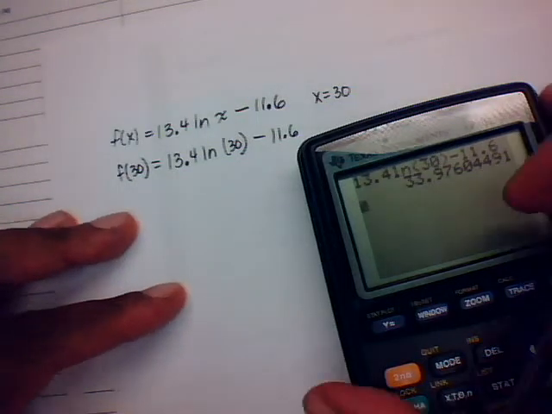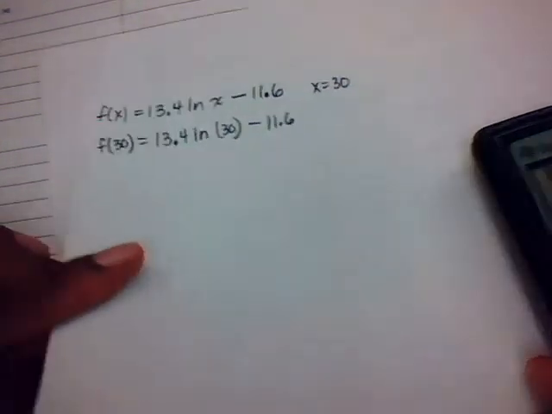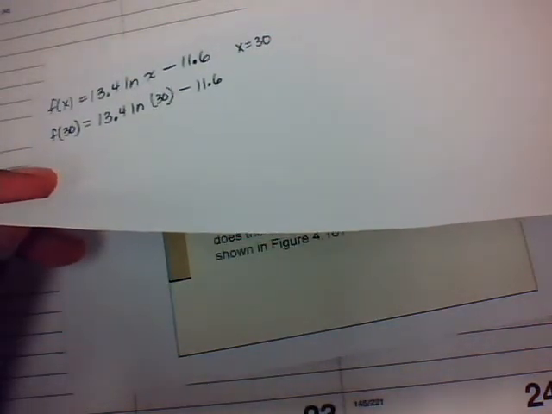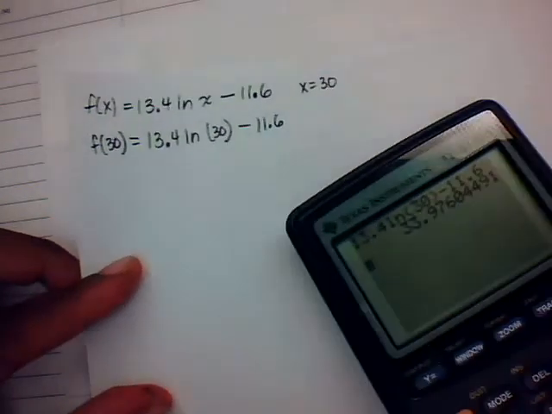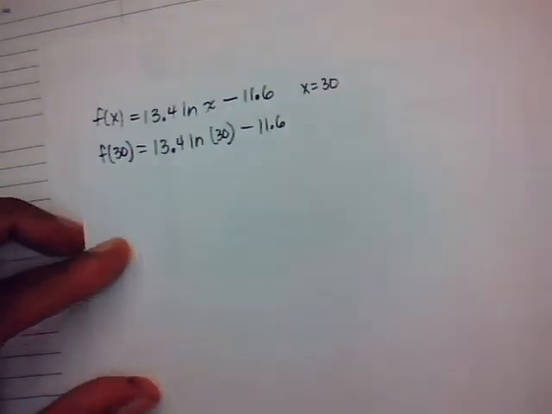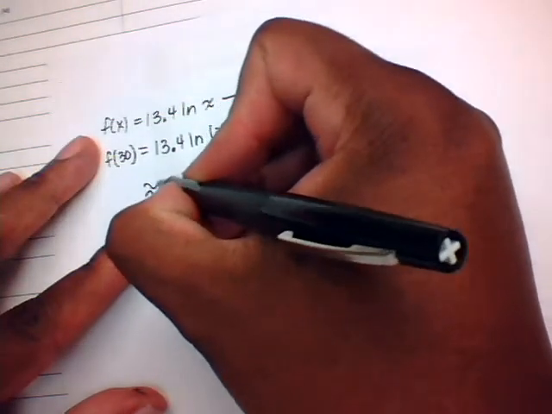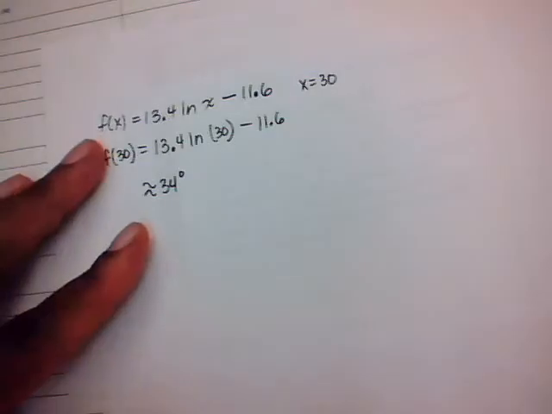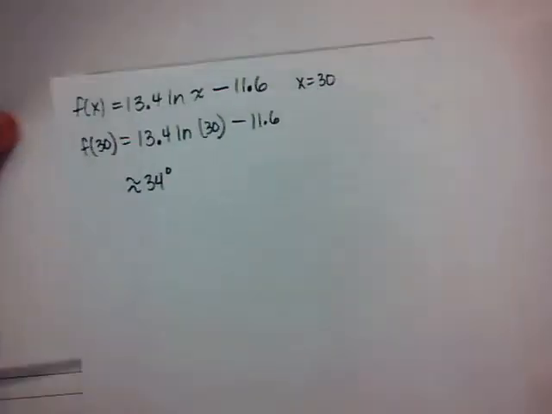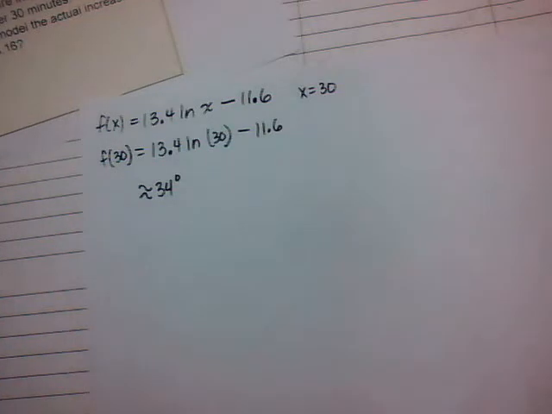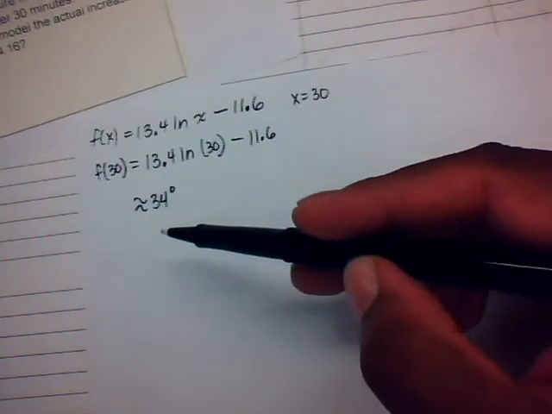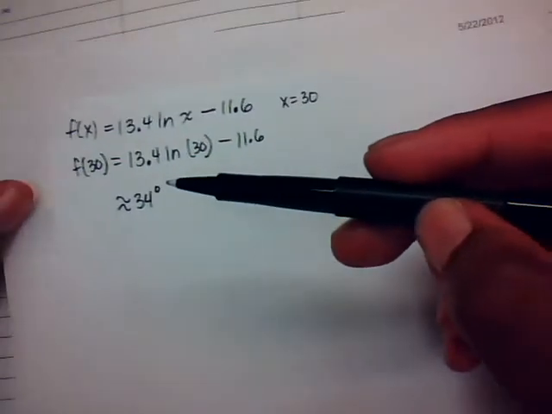So here, I'm not sure how they want this. To the nearest degree will be 34. Here, 33.9, we round it off to 34. So f of 30 is approximately 34 degrees. So to answer that particular problem's question, the temperature increase after 30 minutes will be 34 degrees.